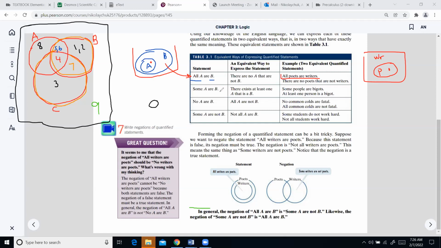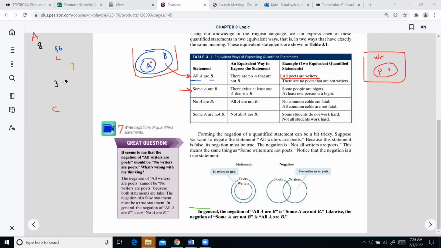How about the second portion of this little table, the second row? I just want to get some room here. It says that some A are B. What's the difference here with the previous statement?